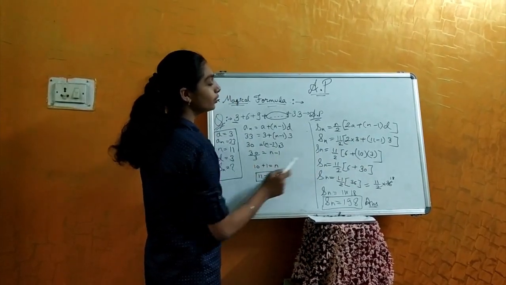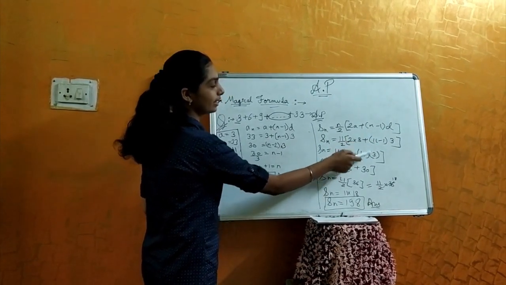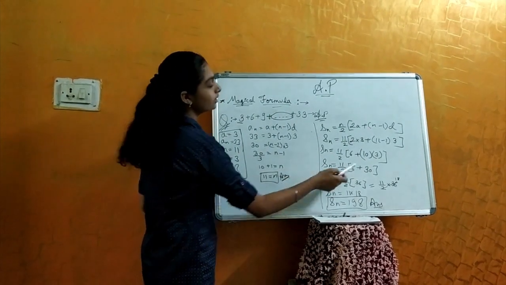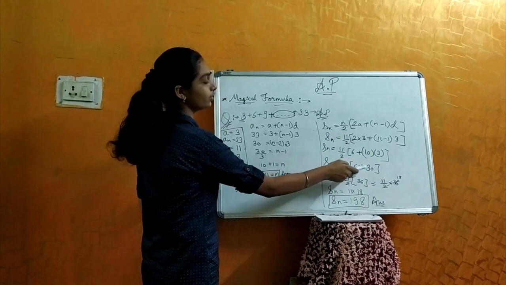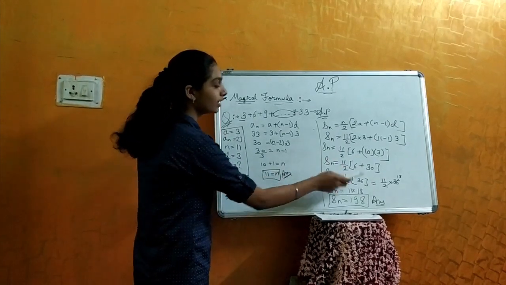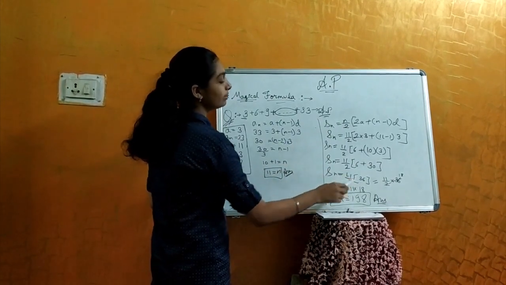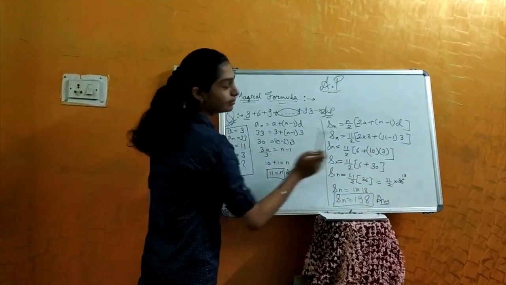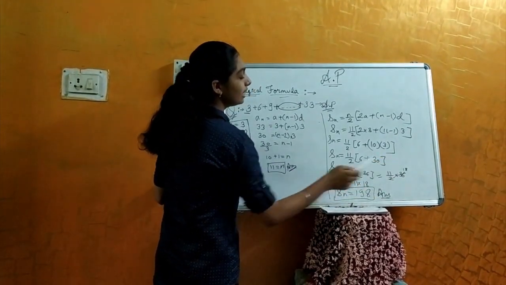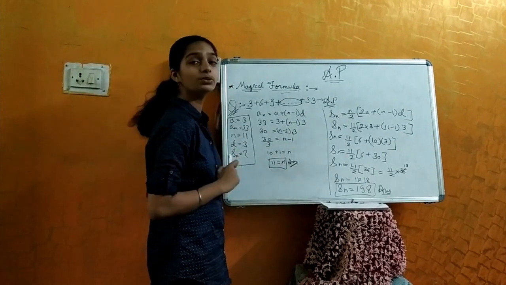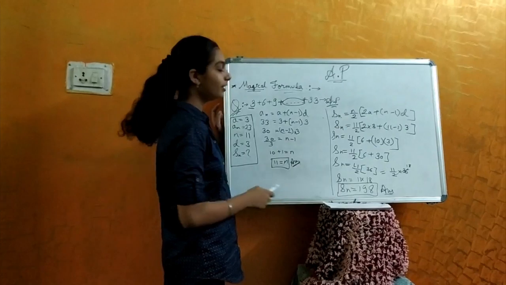Now 11 upon 2 into 2 threes are 6 plus 11 minus 1, 10, into 3, right? Now we will multiply 10 into 3. What is it? 30. And addition with 6, what will we get? 36. And the 11 upon 2 as it is. Now if we remove the bracket, it will become a multiplication sign. So what will be the simplification? 11 into 18. Why? Because 18 twos are 36. So what will we get by multiplying 18 into 11?